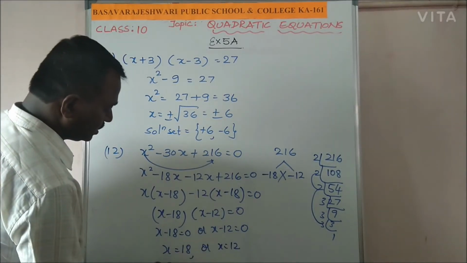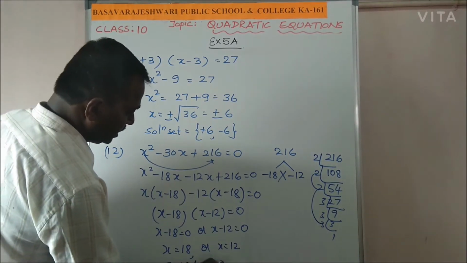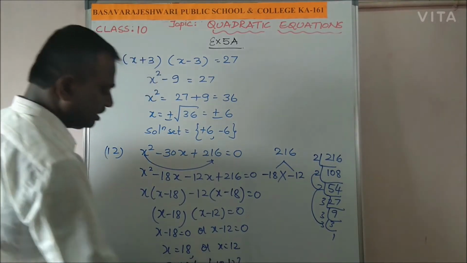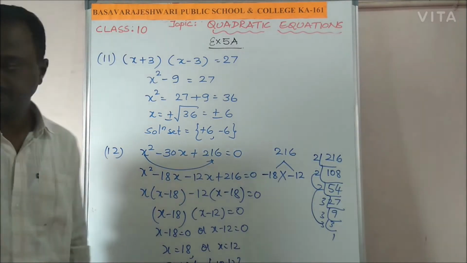So 18 and 12. What is the solution set? 18, comma 12. So, note down this sum.